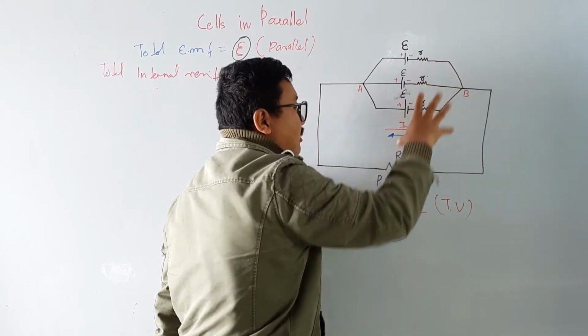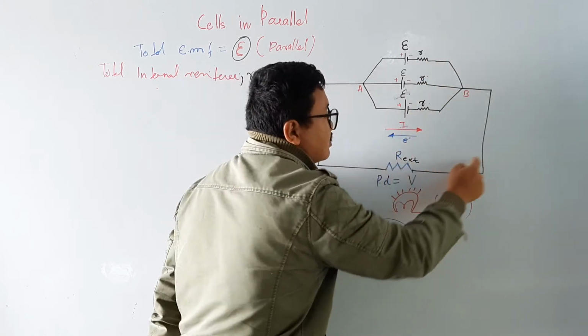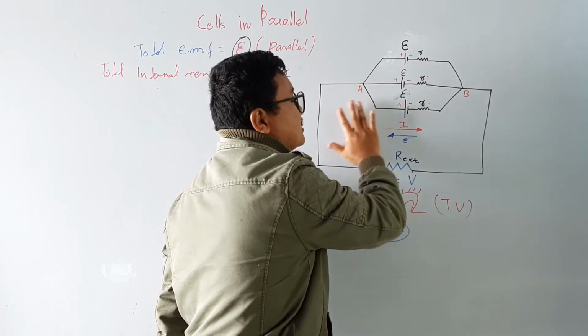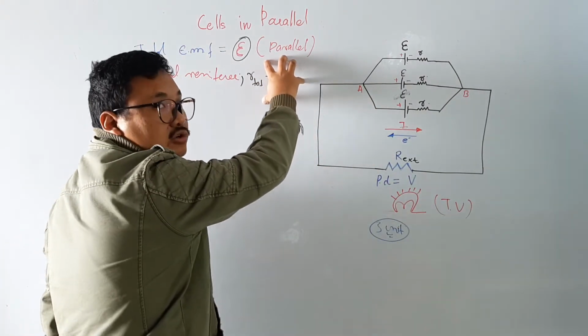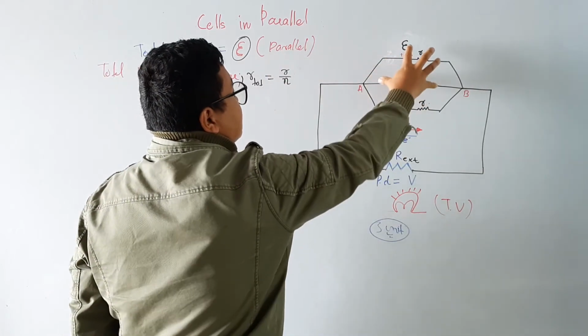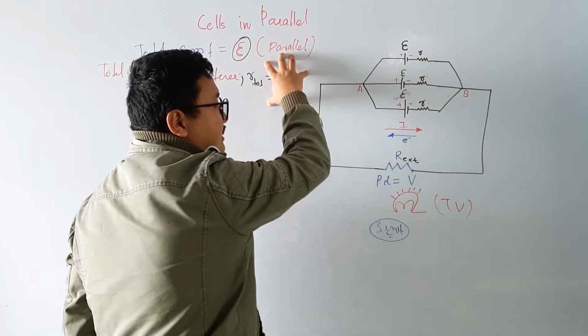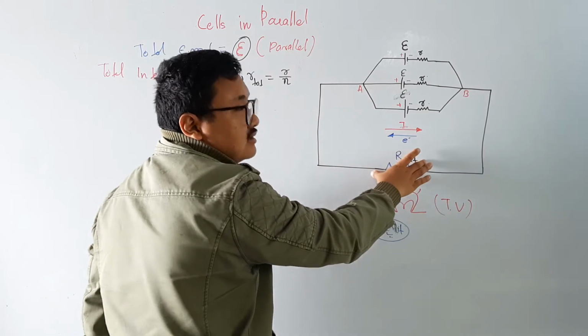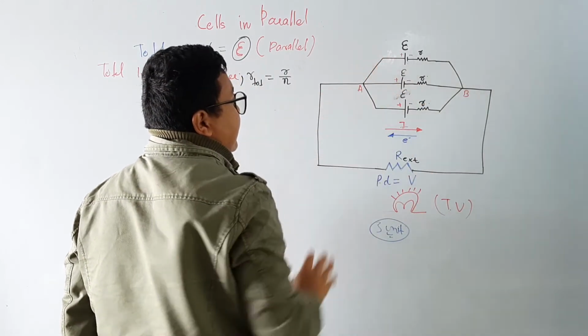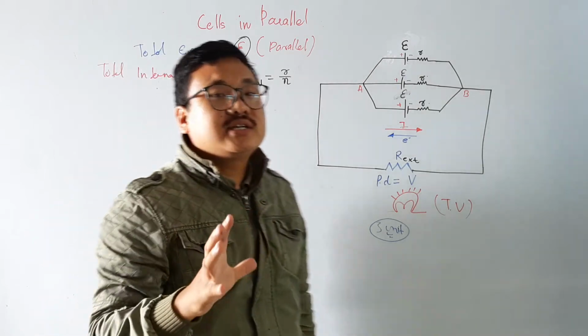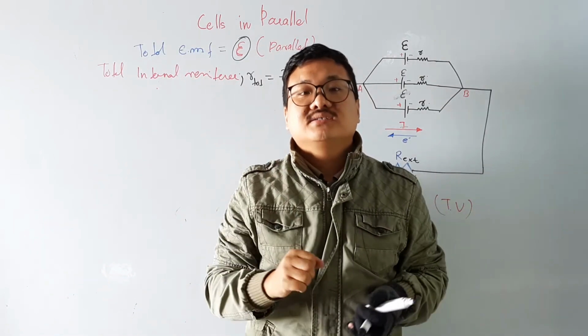If I add all this, then I will get the total resistance of this circuit. Please remember, this is the total internal resistance. Now I have another external resistance connected in this circuit. Then I have to find the total resistance of the circuit.